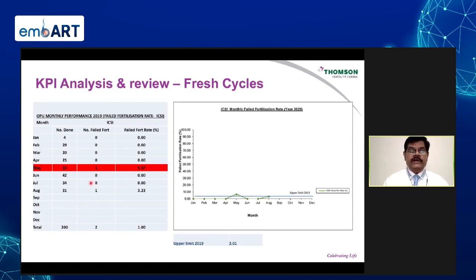Whereas in August, I also had one case with failed fertilization, but out of 31. So your denominator also makes things fluctuate. That's how you have to troubleshoot. When I look at these two cases, they were given as only 1 egg each. Whenever you recover 1 or 2 eggs, there is a high chance of failed fertilization.